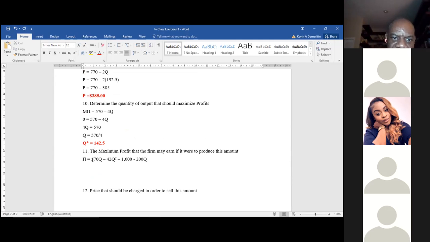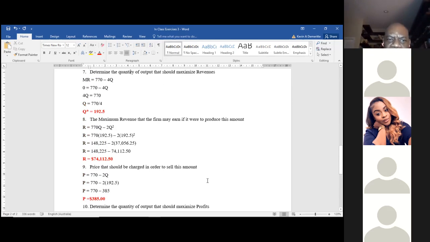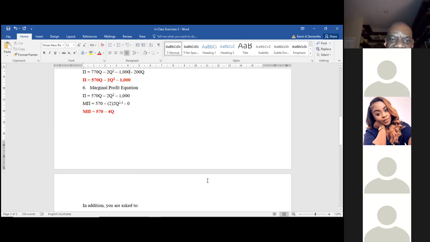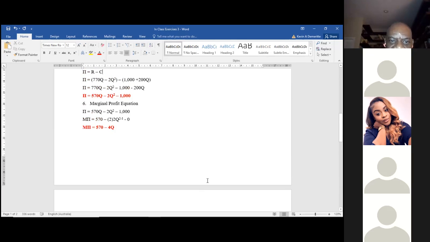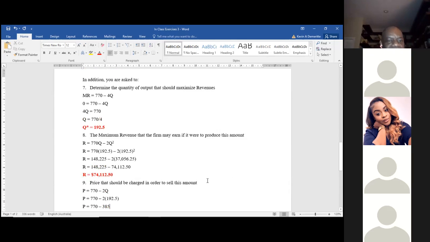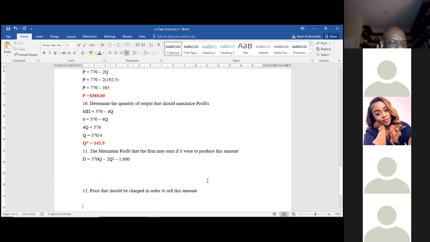Marginal profit is the other one, but yes, you're quite right, our profit equation is 570Q minus 2Q squared minus 1,000. Let me check one quick second. 570Q minus 2Q squared minus 1,000. Okay.